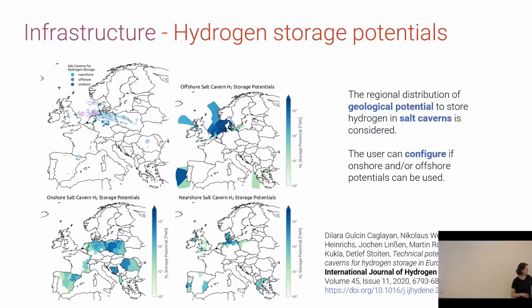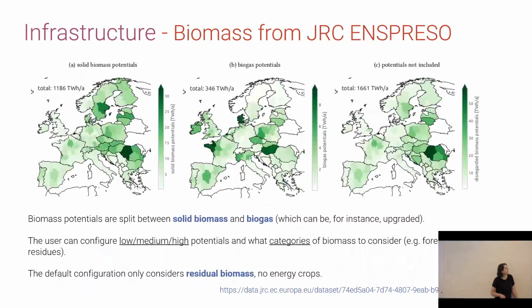And this distinction is because there could be some potential environmental concern if you are using onshore salt caverns, and how to dispose the brine, the salty water. So by default, the nearshore is selected, but the user can select which potentials to use. All right, so that will be another part of the representation of the infrastructure.